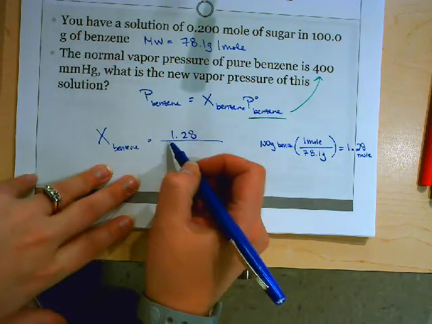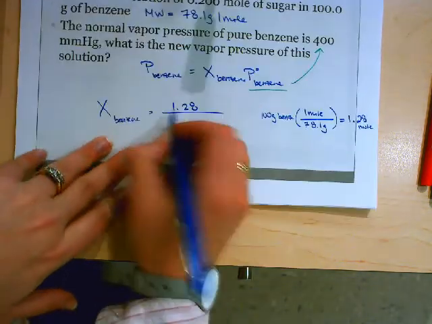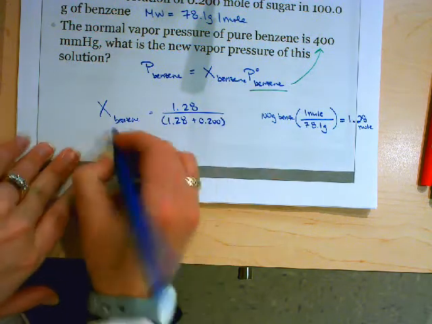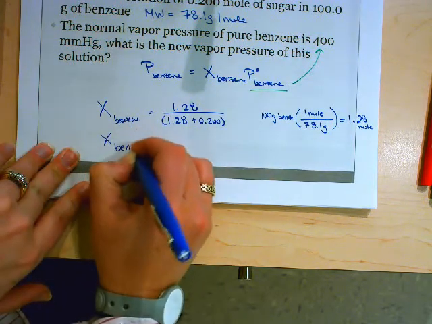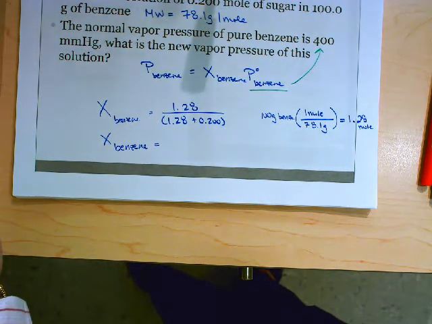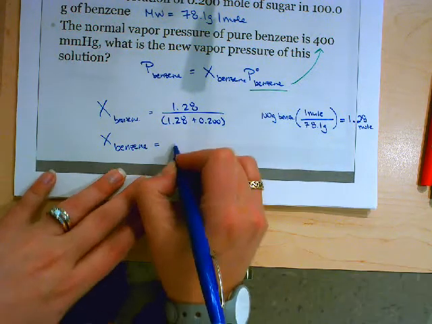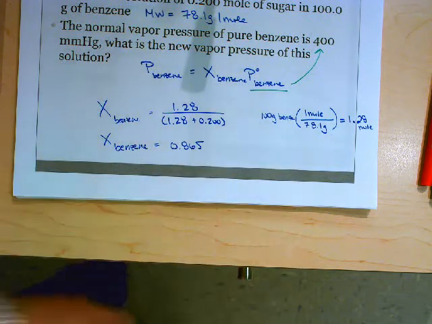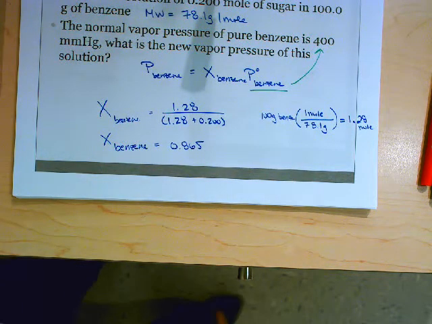So it's going to be 1.28 plus the 0.2. So the mole fraction of benzene is now, rounding to 5.